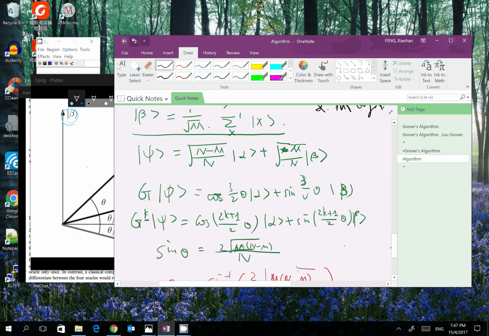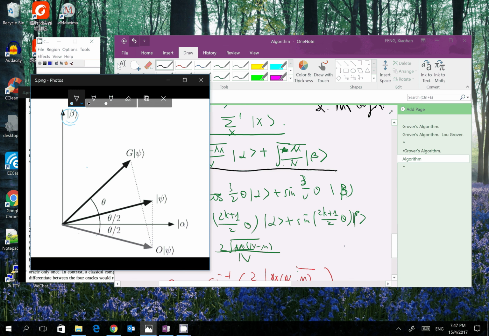We can easily represent phi in terms of alpha and beta with a very simple algebraic calculation. You can do it yourself. It is in this form.